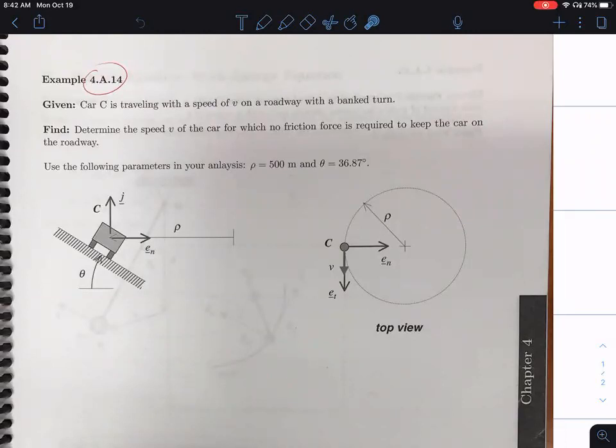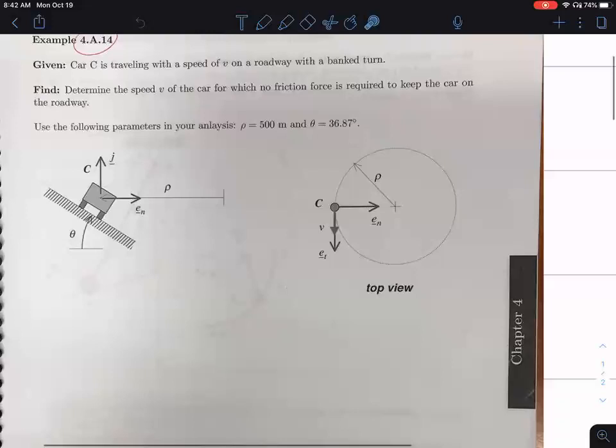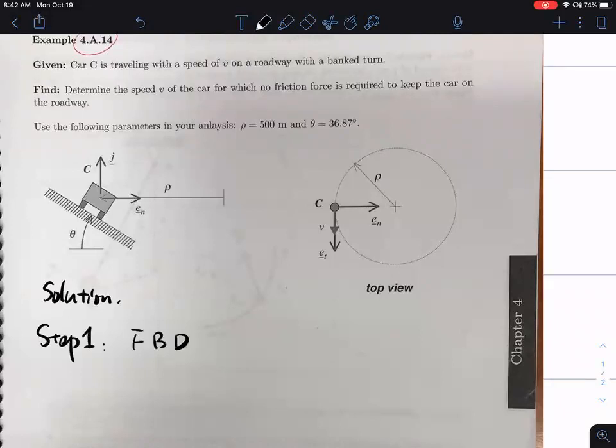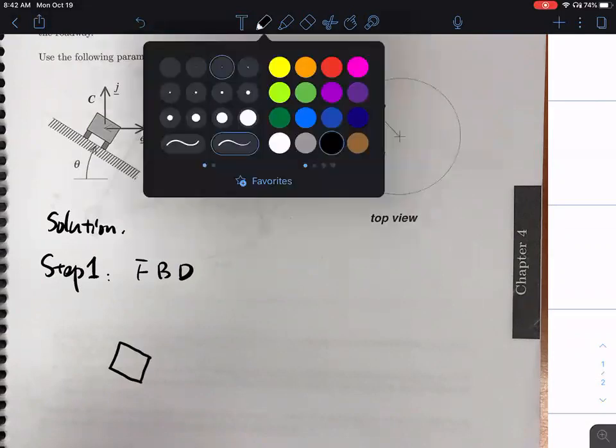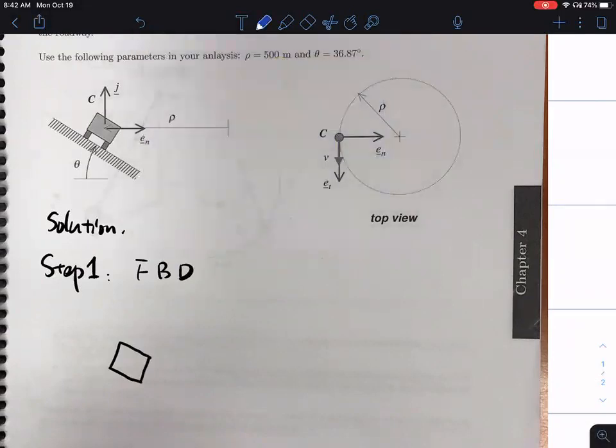So how many forces should be on your free body diagram? Hunter, how many forces on your free body diagram?